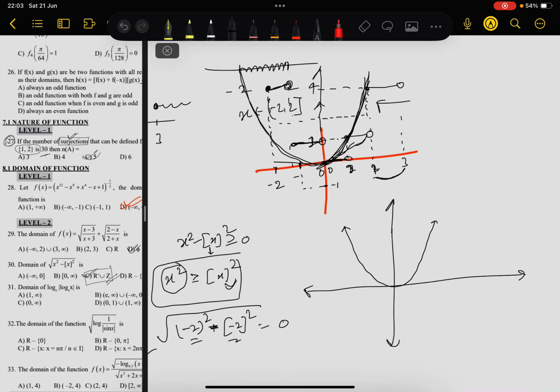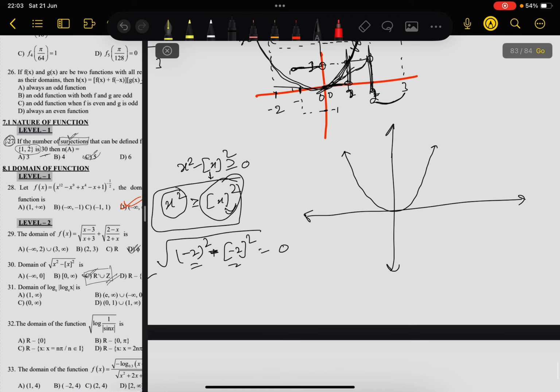As you can see, between this 1 to 2, this x square graph is above the box x. If it is above, that means the value on this graph is greater than the value on the box x graph, right? So on this side from 0 to infinity, x square is always greater.